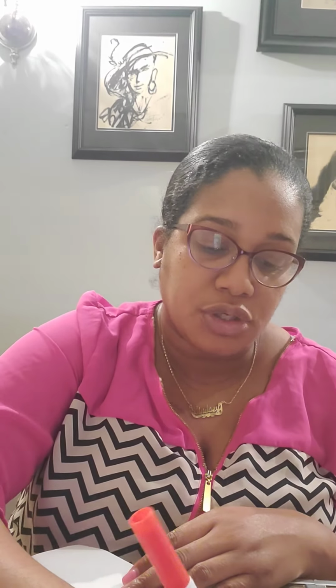Your application problem says, Nakai has 4 boxes of 10 pencils in each box. How many pencils does he have all together? All right, and of course this is a word problem, so I'm going to attack it with my cube strategy. I'm going to circle my numbers first.